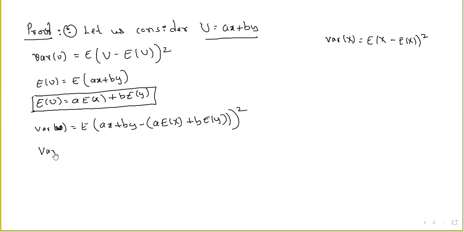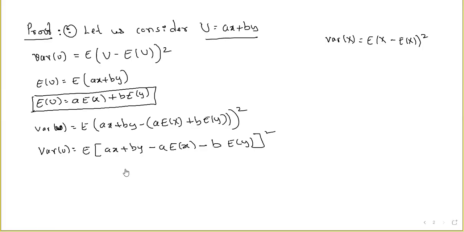So variance of u equal to expected value of ax plus by as it is, minus a into expected value of x minus b into expected value of y whole square, right?